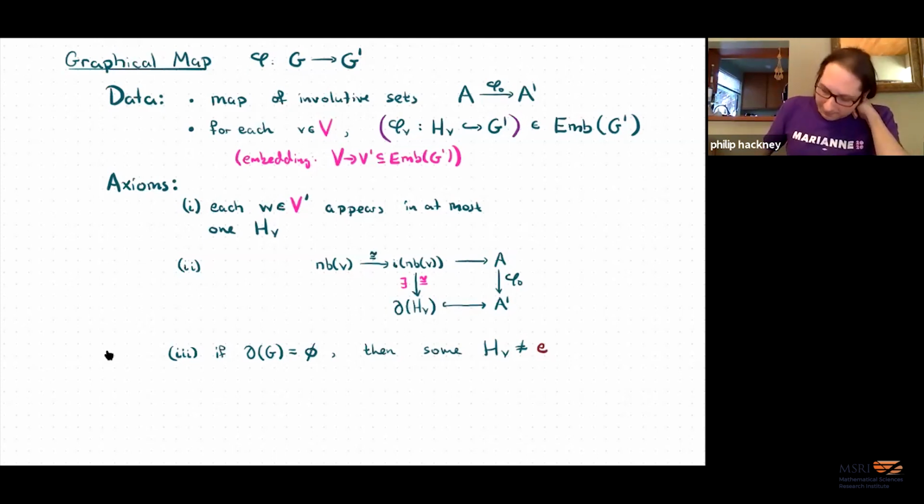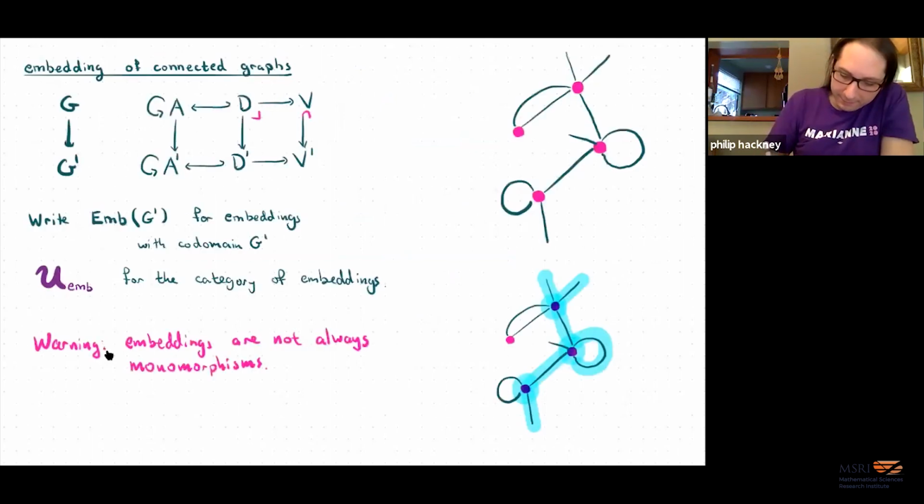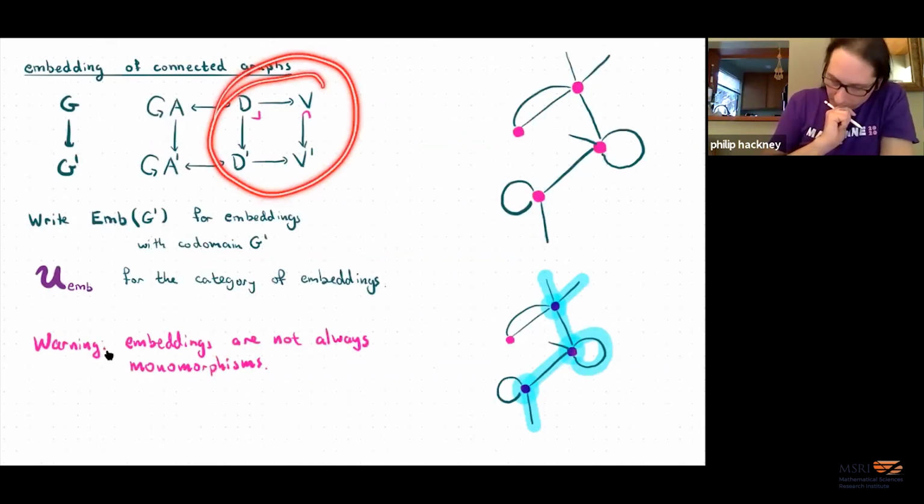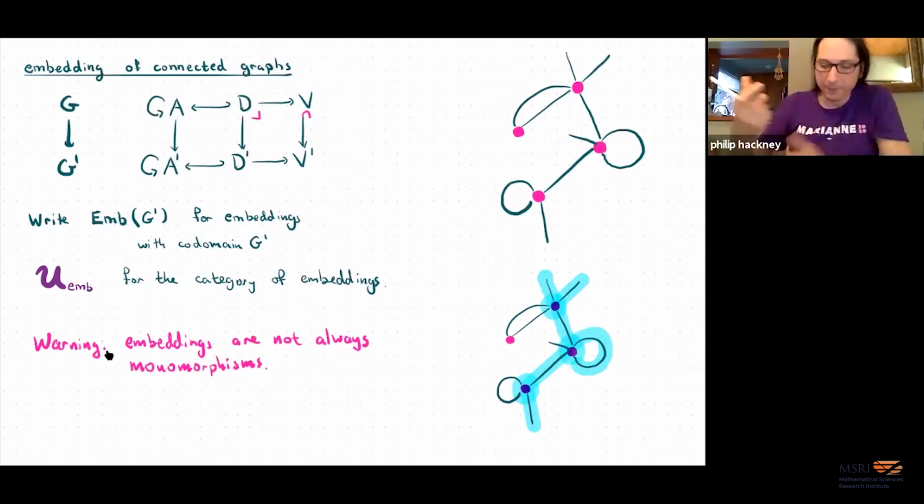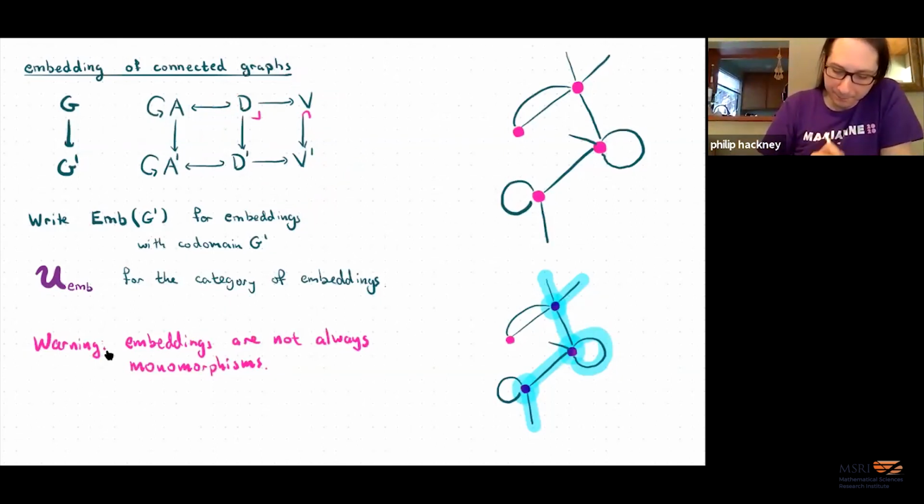And there are some conditions. I think maybe the most important condition is the generalization of what it means to have the diagram, the map of diagrams that I wrote down before, be a pullback. So the analog of this pullback condition, preservation of neighborhoods somehow.